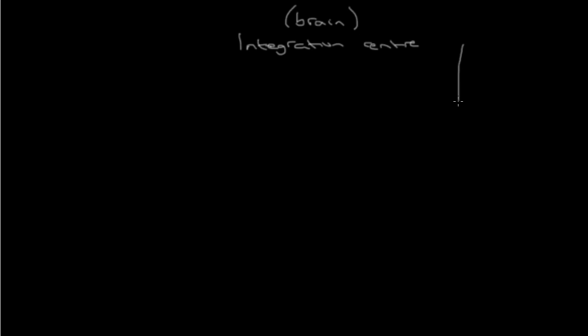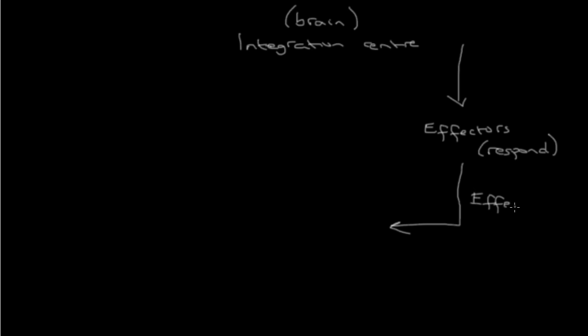Then we move down to the effectors in the body, and these are the ones that respond to messages from the integration center, from the brain if you like, and this is called the efferent pathway.